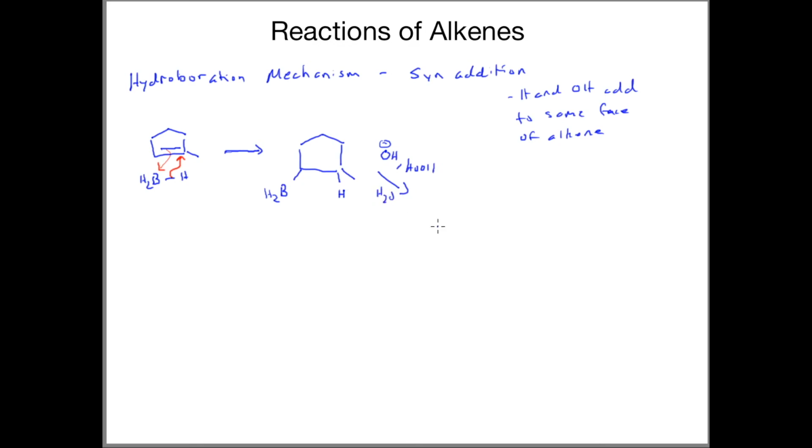So that's OH minus and water and hydrogen peroxide. And so here's our OH here, and you can see that it adds to the least hindered carbon in this case. And the reason that it's going to add to the least hindered carbon is because of steric congestion. And we can explore that in just a moment.